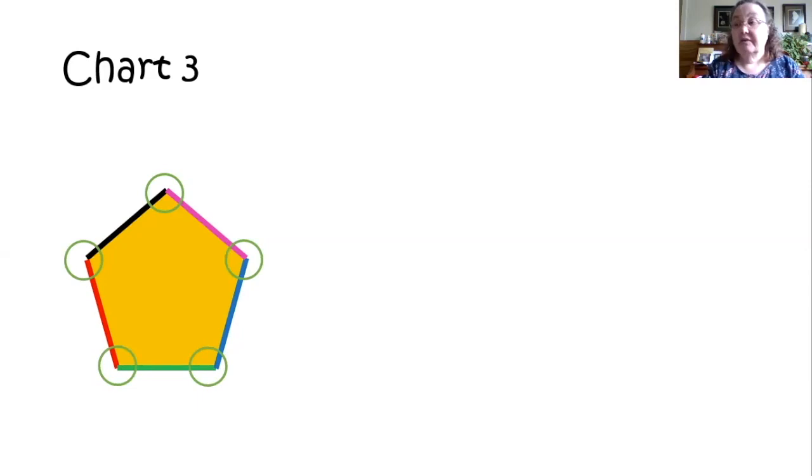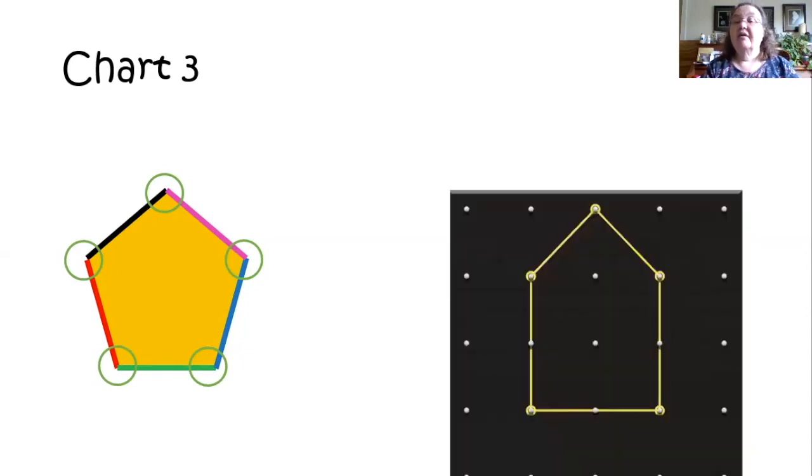Can we make another one? But it has to look different than that. Here's mine. I made it on the geo board. Let's see if I have 5 angles and 5 sides. 1, 2, 3, 4, 5.